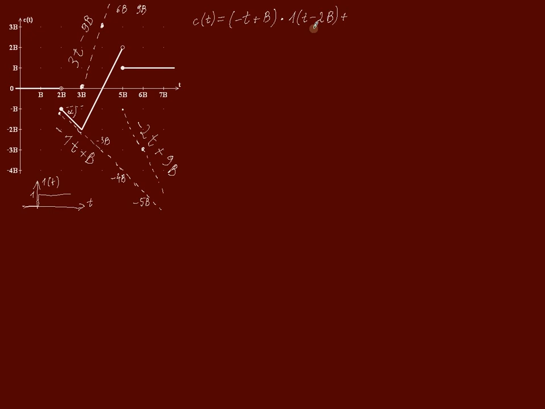That is, it is equal to 0. And in exactly the same way, one should write the remaining parts. The second ray starts after time 3b, so I will put 3b here.